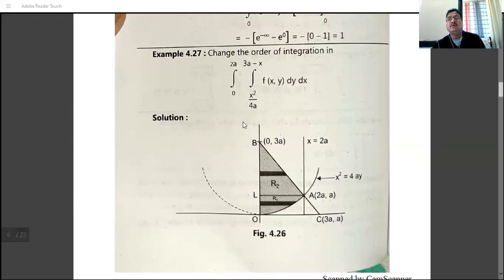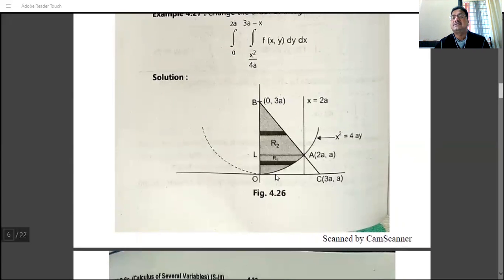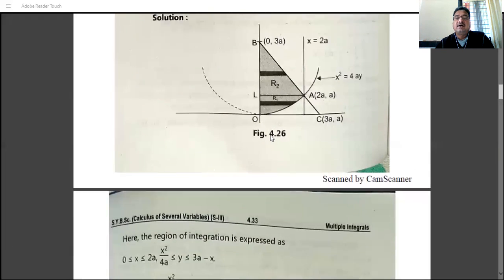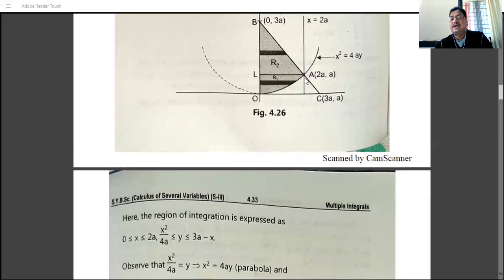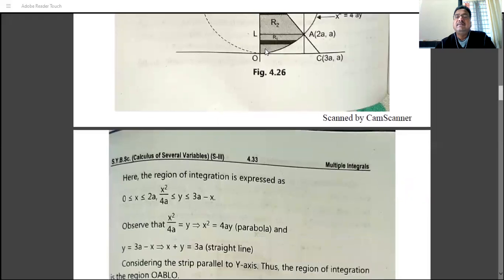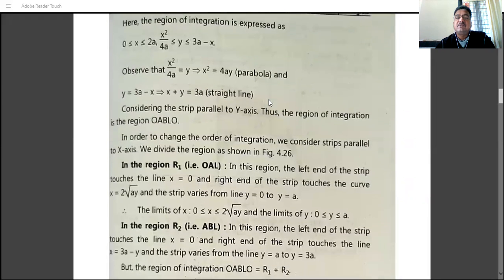These are different from the previous lecture. That is, we have to divide the region of integration into either 2 parts or 3 parts, because one end of the strip touches different curves in covering the region of integration. So draw this line LA parallel to the x-axis, and we divide this into 2 parts, R1 and R2.